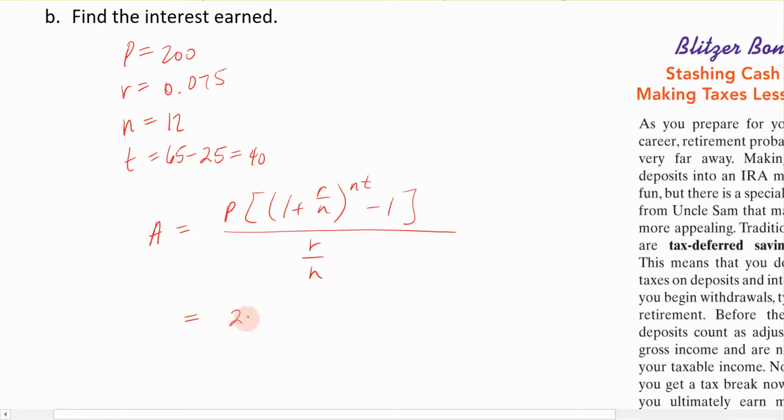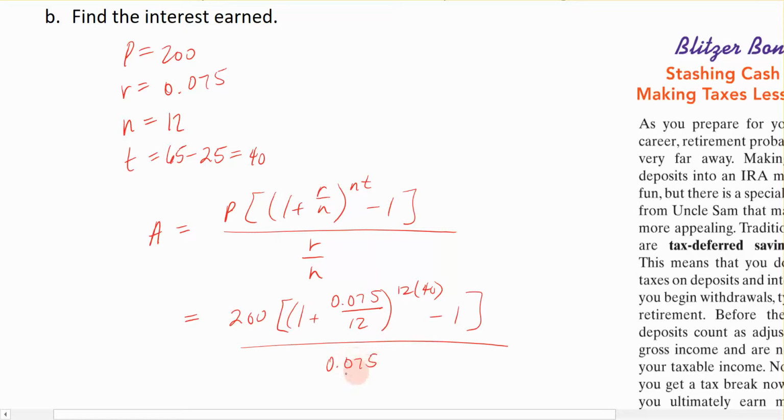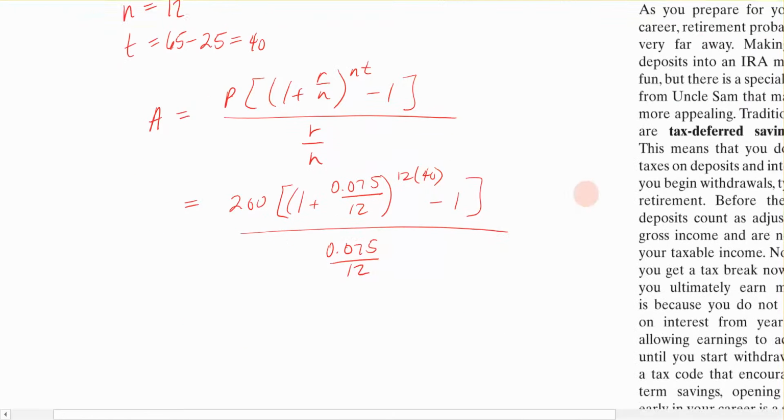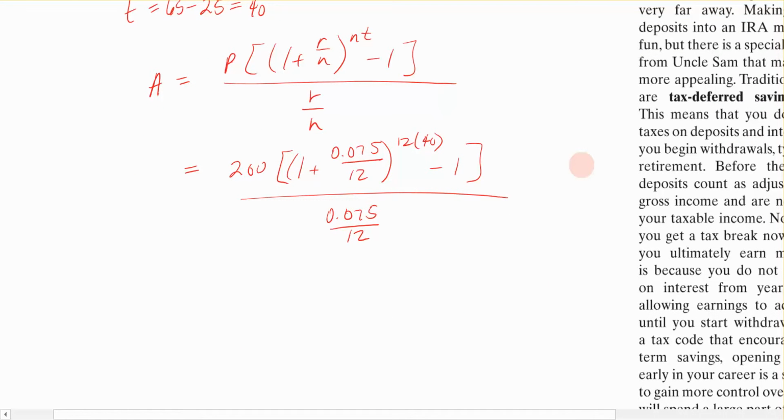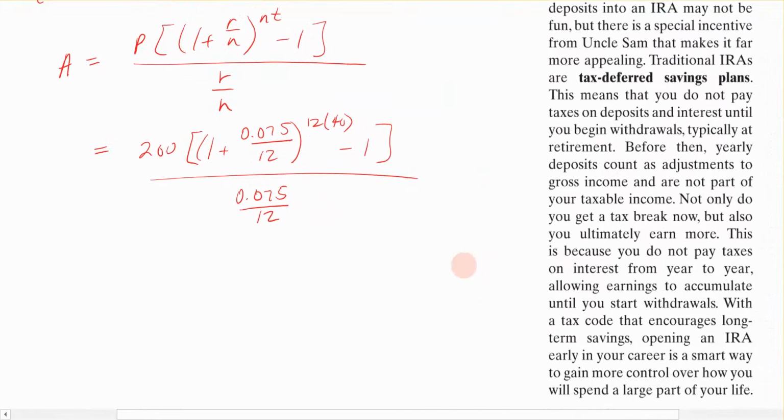P would be 200, and I'm going to multiply that times 1 plus 0.075 divided by 12 raised to the 12 times 40 minus 1, divided by 0.075 divided by 12. There's a couple of ways that you can do this. Either way, we're just going to be putting it into our calculator.